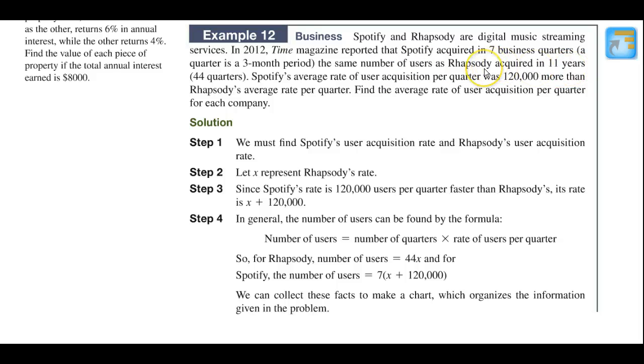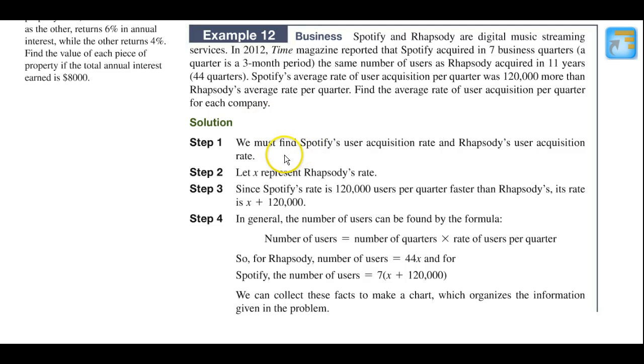So Rhapsody was doing a lot slower than Spotify. Spotify's average rate of user acquisition per quarter was 120,000 more than Rhapsody's average rate per quarter. Okay. Find the average rate of user acquisition per quarter for each company.